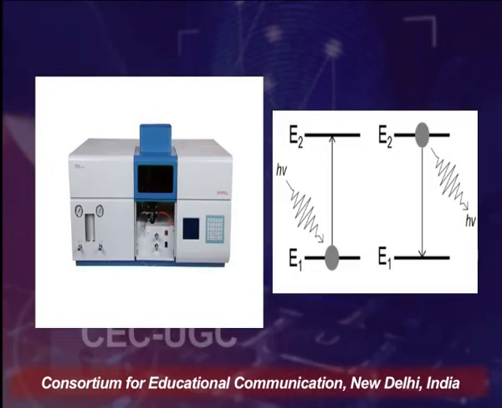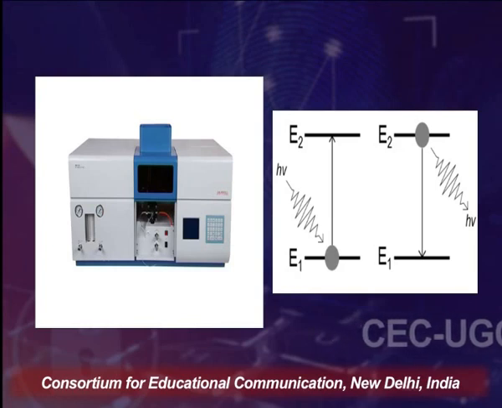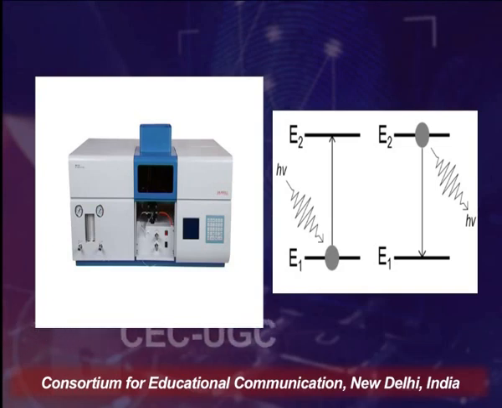So we will go for atomic spectroscopy and molecular spectroscopy. In atomic spectroscopy, the atoms are in the ground state, a particular amount of energy is provided, and after receiving that energy, the atoms go from the ground state to the excited state.